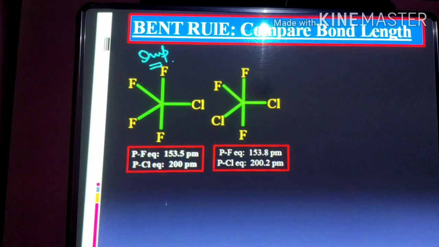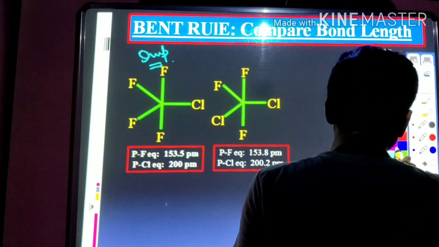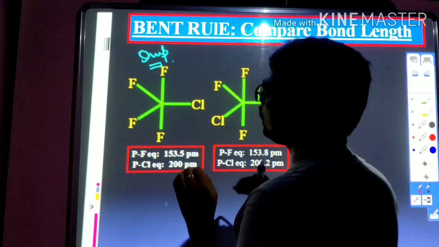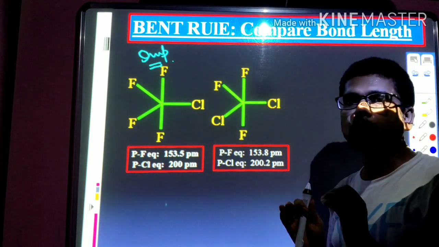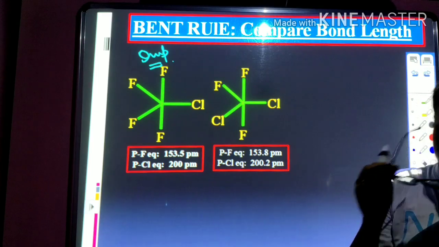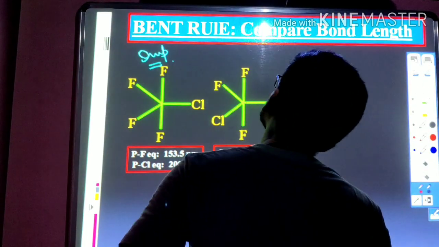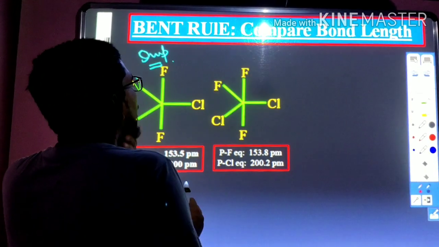Now how did it increase? Okay. In order to explain this one, I am going to take some arbitrary data. Let me take some arbitrary data.